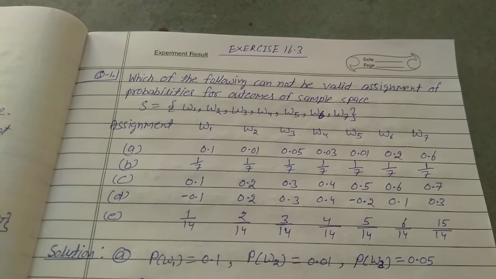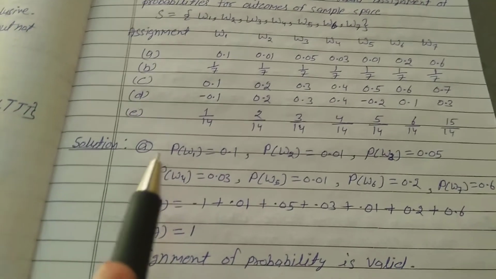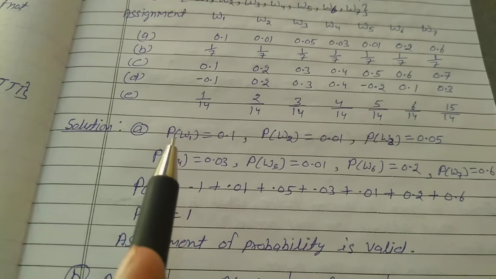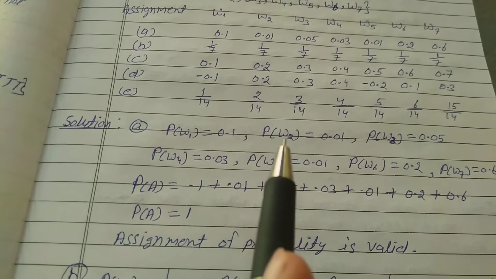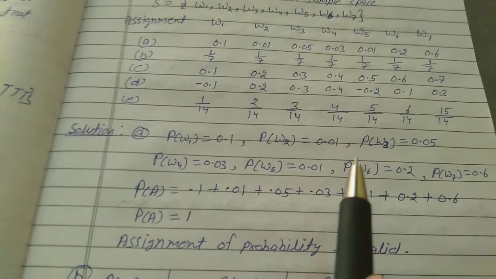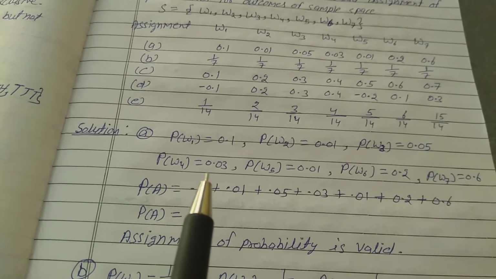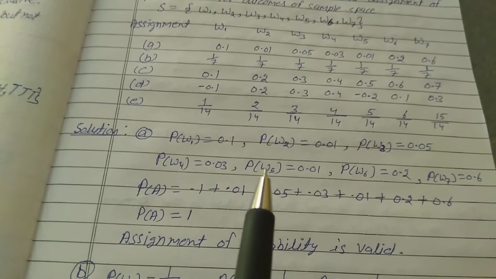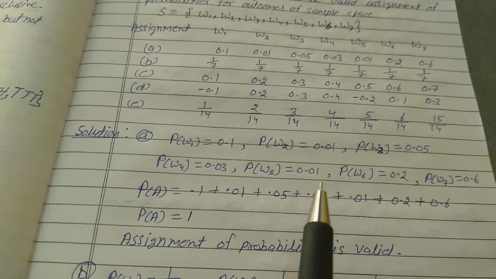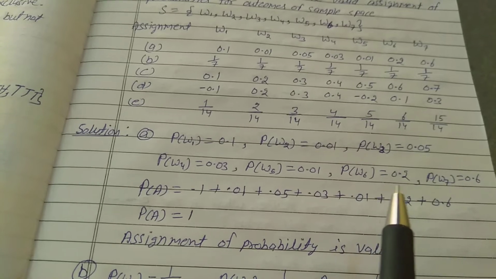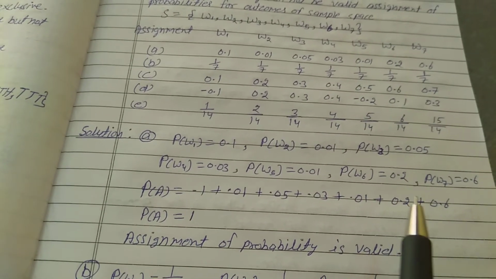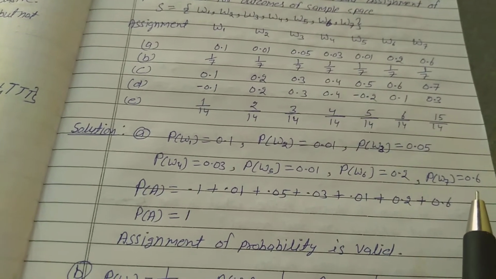Solution. First A, given P(ω1) = 0.1, P(ω2) = 0.01, P(ω3) = 0.05, P(ω4) = 0.03, P(ω5) = 0.01, P(ω6) = 0.2, P(ω7) = 0.6.